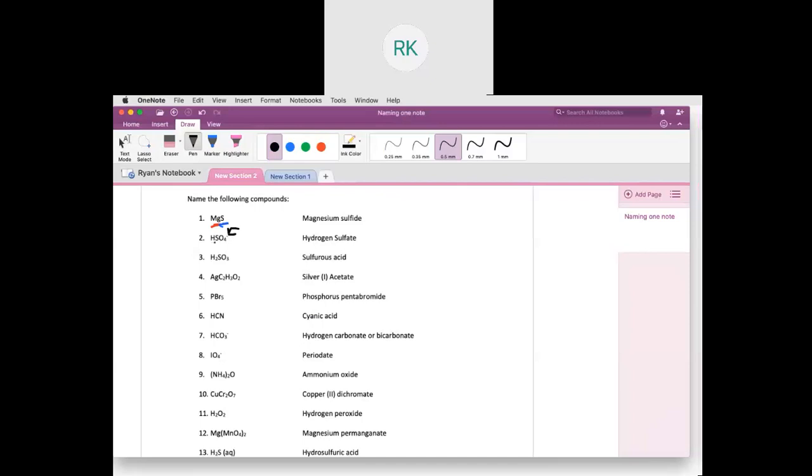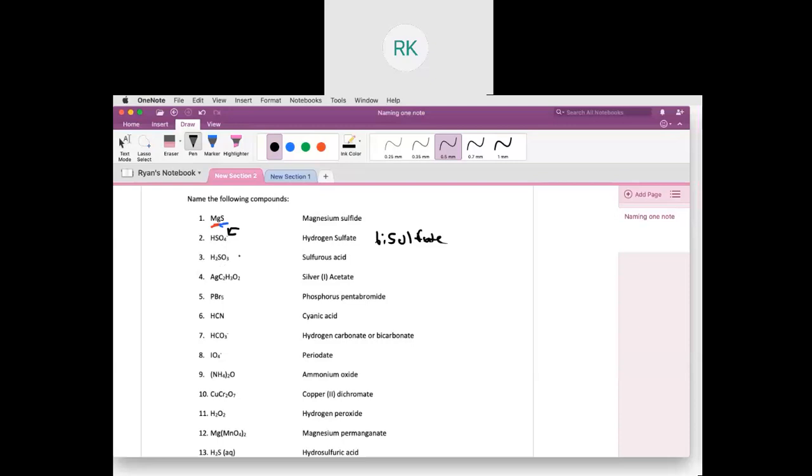If it's H and then a polyatomic with a charge, it's not an acid, and this is going to be one of our hydrogen sulfates. Hydrogen is the H, the rest of it is sulfate. You can also call this bisulfate. That is equally correct. Bisulfate or hydrogen sulfate, whichever you prefer.